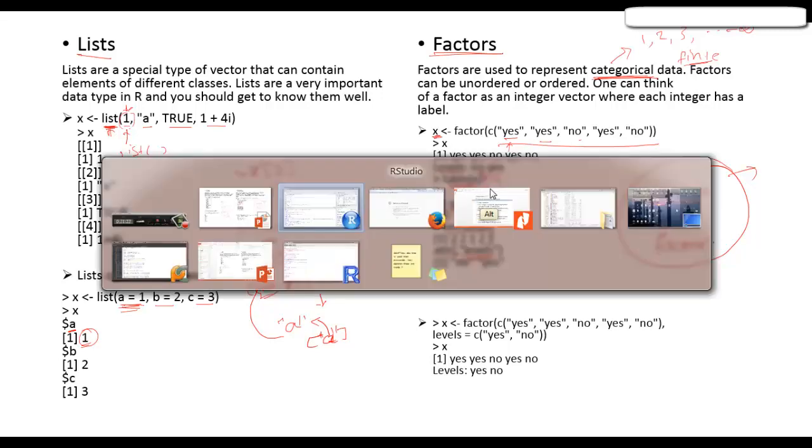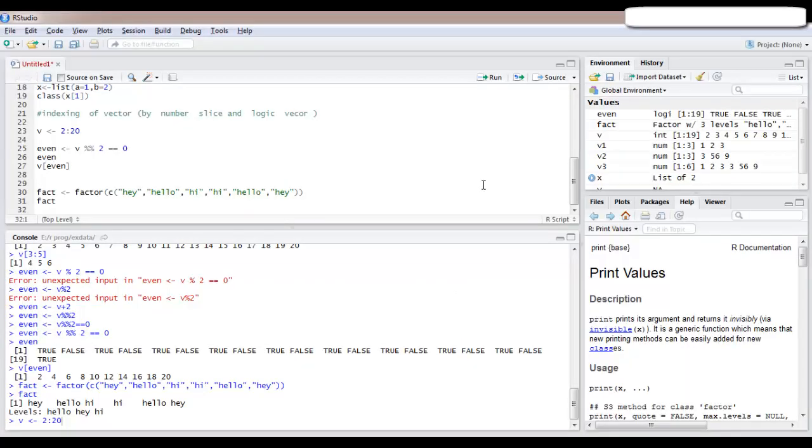And you can use some hands-on programming to realize this. So I have created a vector using the strings hey hello hi. No matter how many times or in what order these things are written, basically it stores the factor in the factor variable.